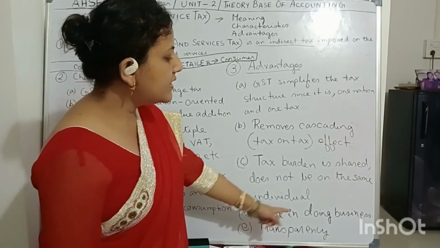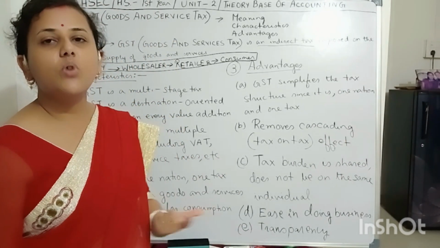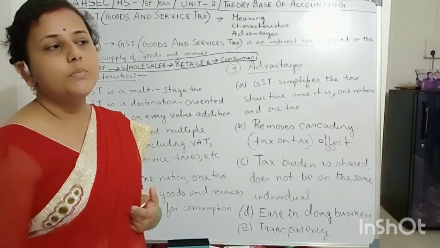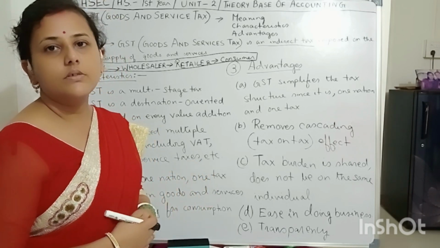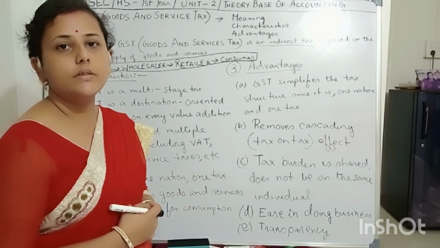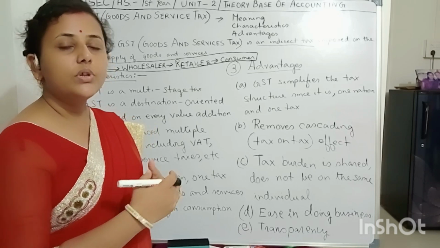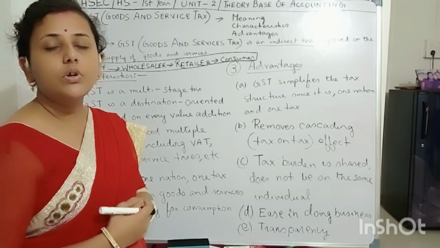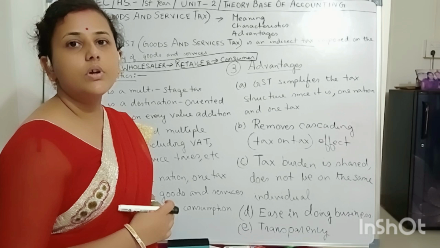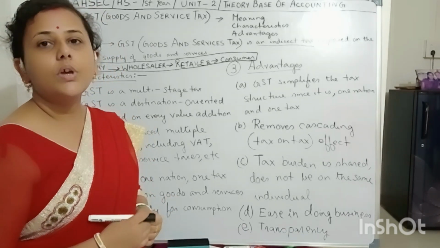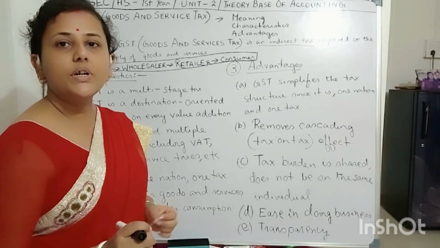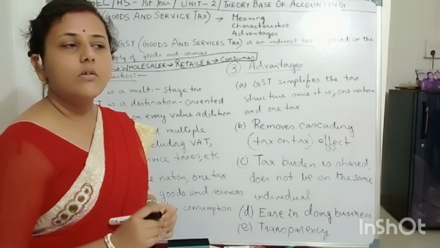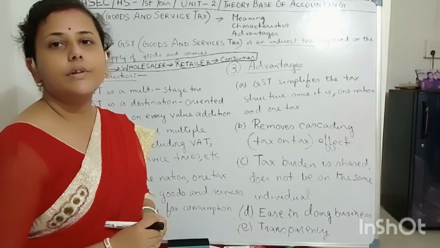Then you see ease in doing business. When there is only one tax, it becomes very easy to do business. Calculation becomes so easy. On the cost price, a profit margin is given, and on that tax is calculated.